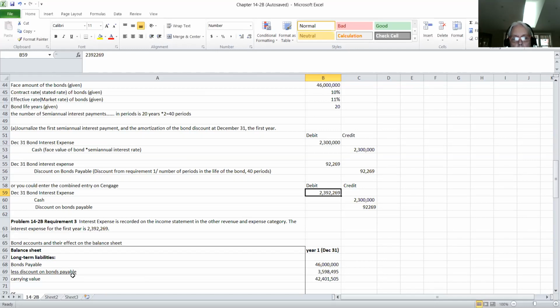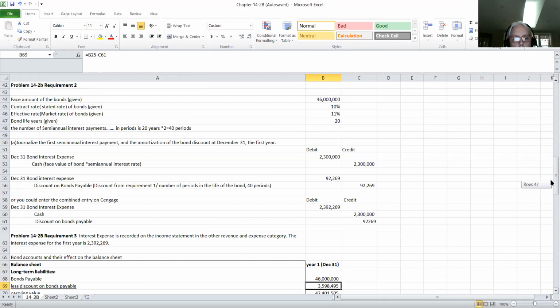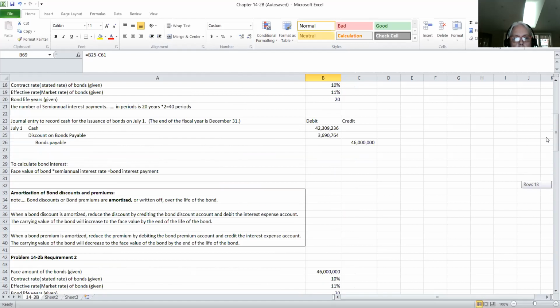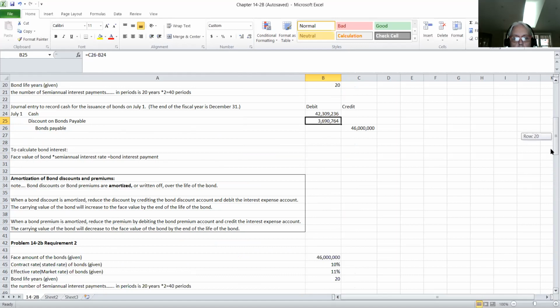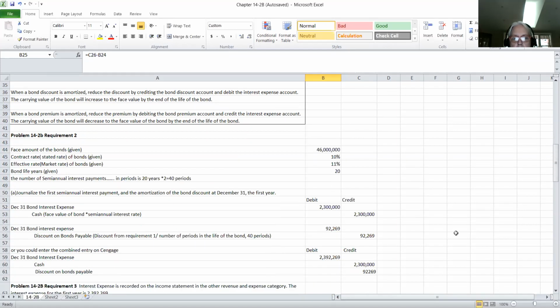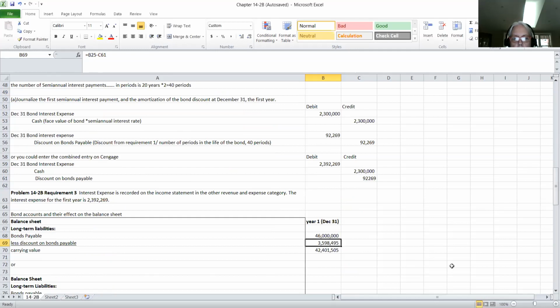Since this was a problem where we had a discount on bonds payable, what I did in this part here was combine the total amount of the discount that we found in the issuing entry, which was $3,690,764, with what we reduced it by when we amortized it, so that the balance of this account is reduced by $92,269, which will leave you with the remaining balance of $3,598,495.